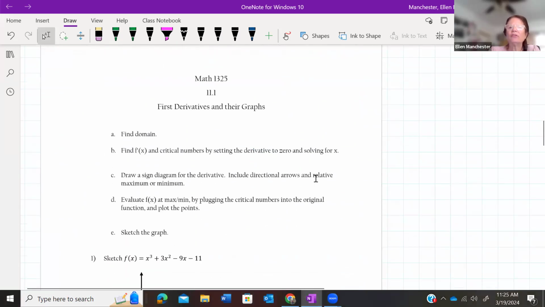All right. So now what we're going to do is create those test charts and then create the graph based on our critical points. All right. So the one thing that I want to encourage you on this is for this test, you're going to have your page of notes, but you're only going to do the steps.